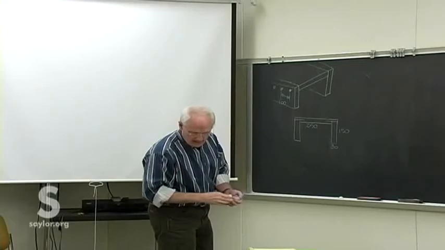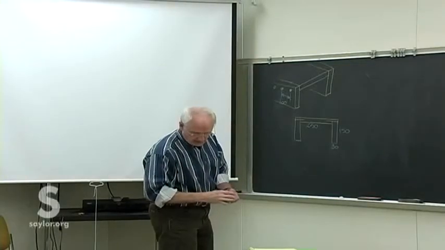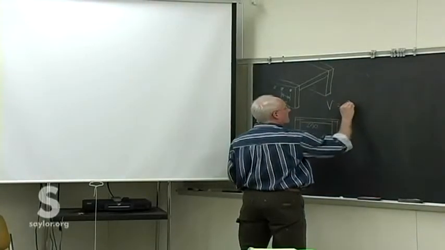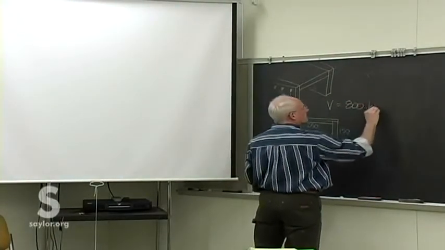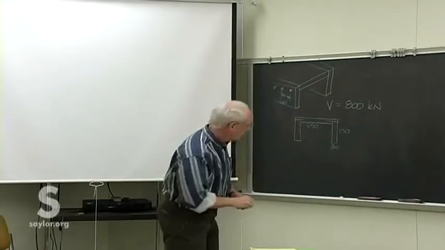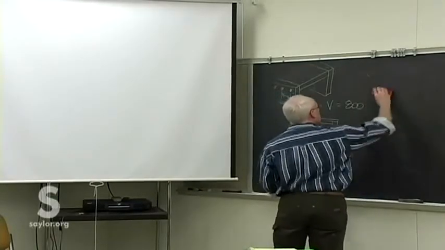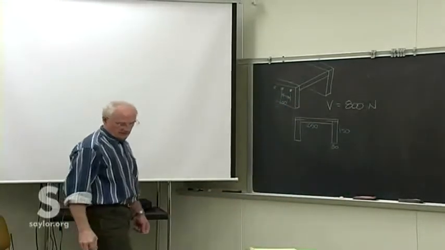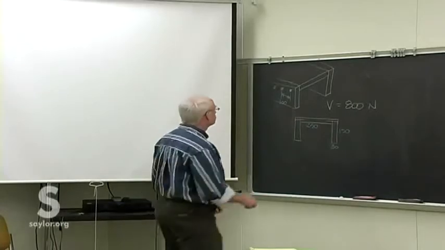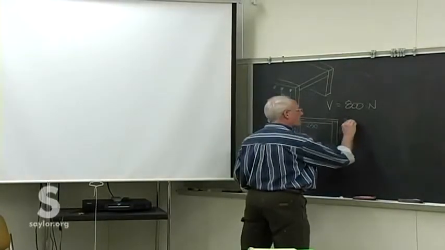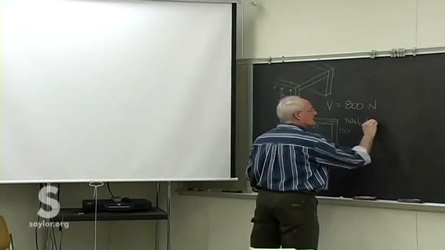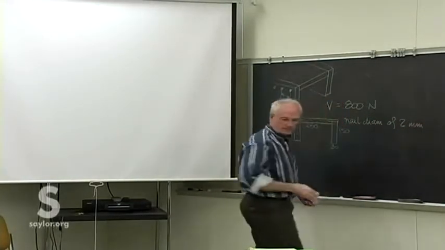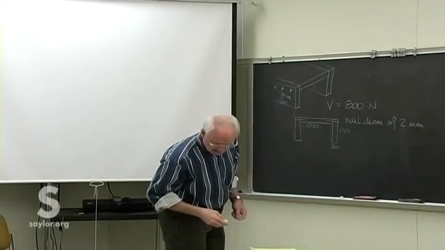And an expected maximum shear of 800 kilonewtons. Sorry, 800 newtons. Yeah, for a wood beam, 800 kilonewtons is pretty high. So expected shear of 800 newtons. Each nail has a diameter of 2 millimeters, so find the average shear stress in each nail.